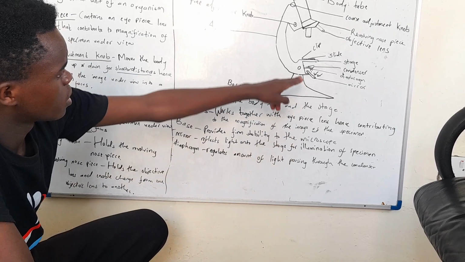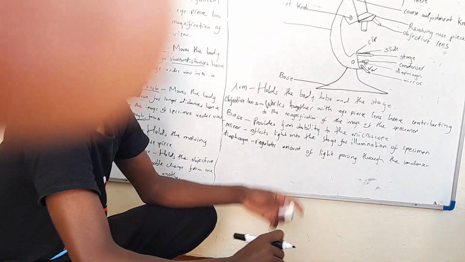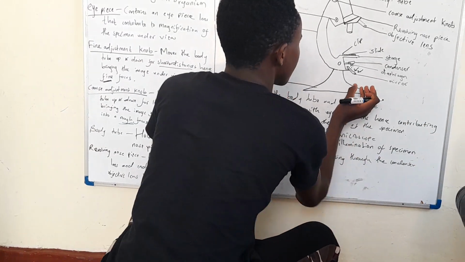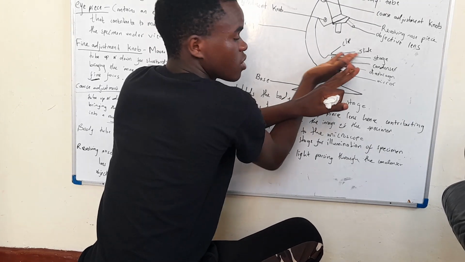Now we move on to the condenser itself. What's the work of a condenser? Light is coming in many rays from the mirror. The diaphragm regulates the amount of light passing.